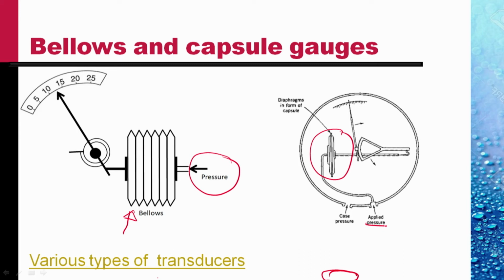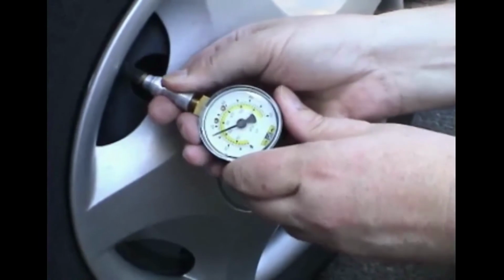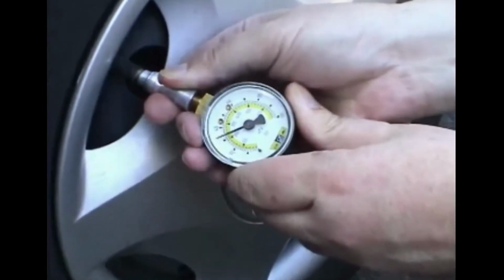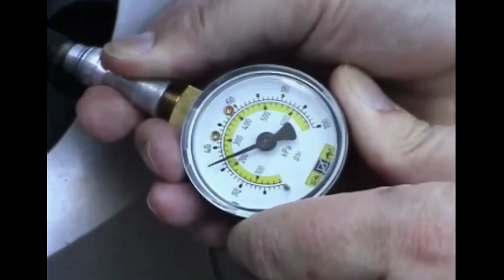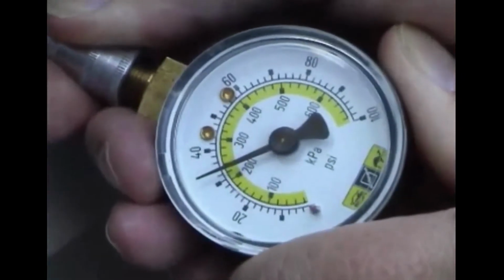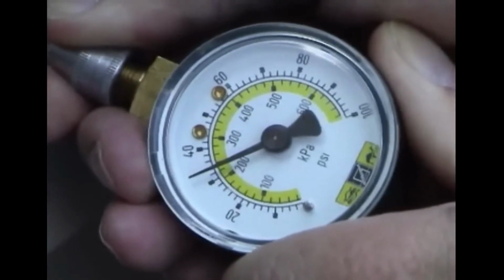Because of this difference in pressure, the capsule inflates or deflates, resulting in a motion that is converted into the motion of a pointer on a scale. Tire gauge, based on the Bourdon tube principle, reads the tire pressure as a gauge pressure, about 34 pounds per square inch, psi, or 234 kilopascals. Gauge pressure is the increment of pressure above atmospheric pressure.